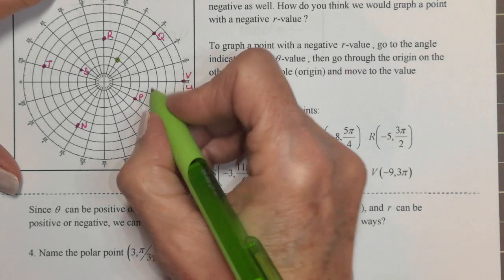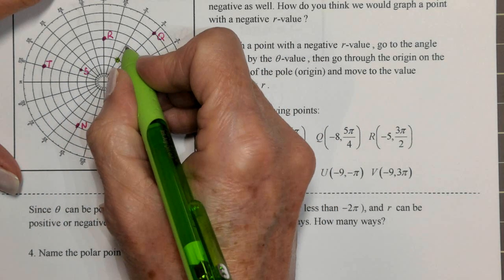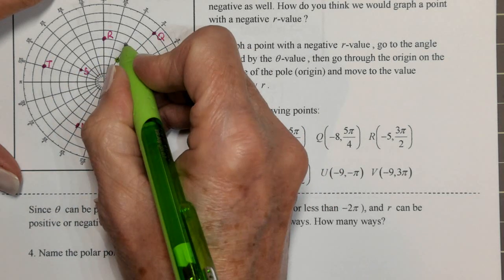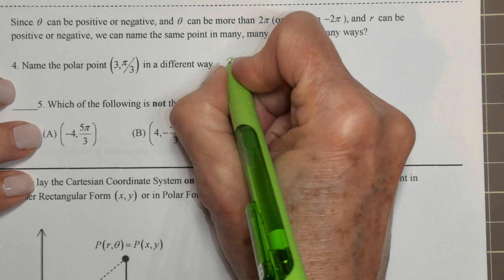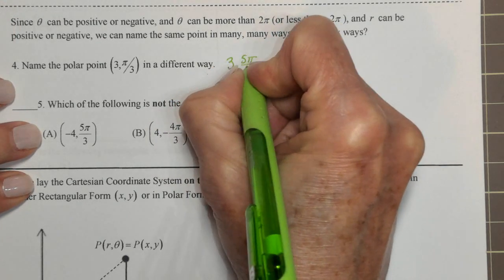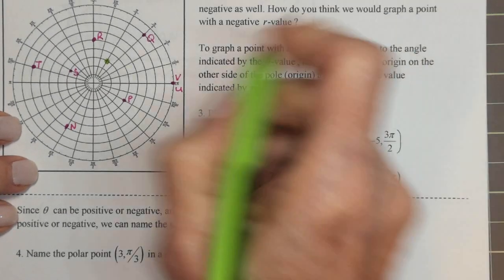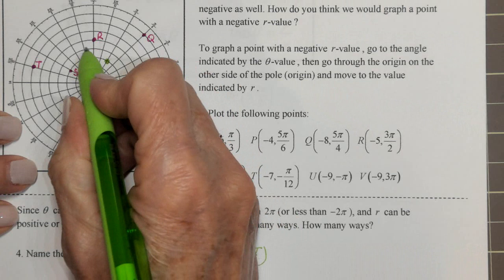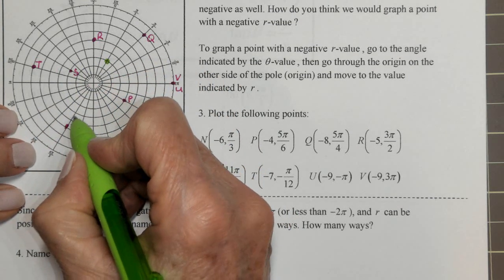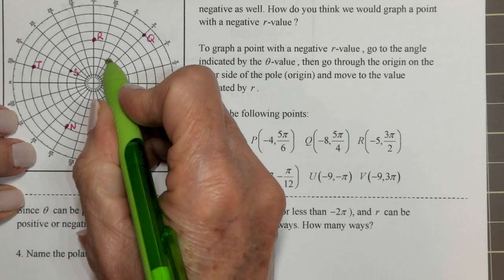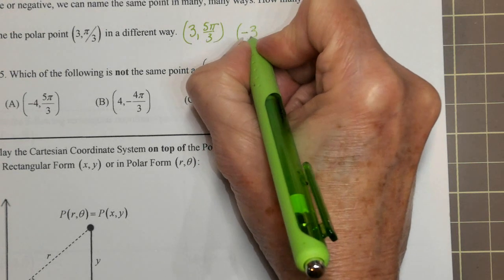One way to name it is to go with a negative theta. If I go negative theta, it would be 3, negative 5 pi over 3. That's one way to name it. Another way would be to go past pi over 3 and go around to 4 pi over 3: negative 3, 4 pi over 3. Just remember to put the r first.